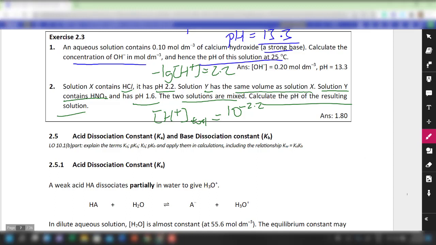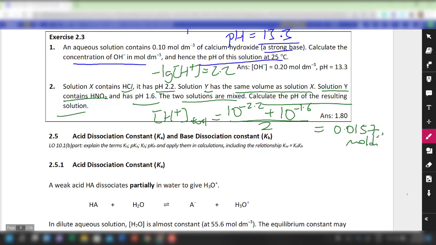Yeah. So concentration of H plus due to HCl, concentration of H plus due to nitric acid, that is 1.6. And then because I mix the two solutions together and each of the solutions has the same volume, that means that when volume doubles, concentration is halved. Okay, and then if I punch my calculator, I get 0.0157 moles per dm cube.